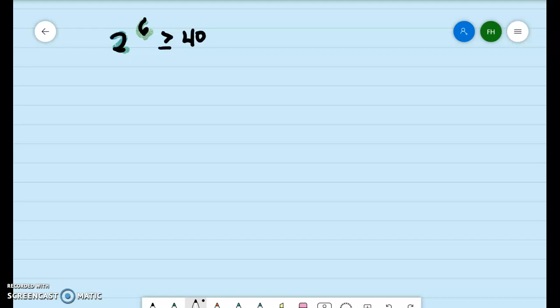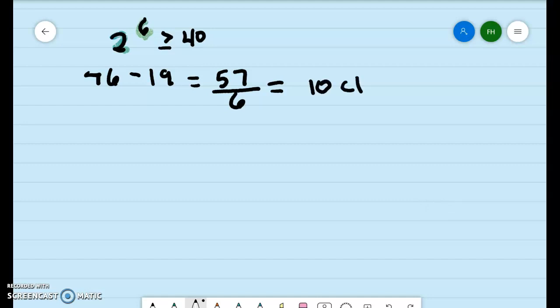So 6 classes, and then the largest number was 76 and the smallest was 19. So that would be 57 divided by 6, which would round up to 10 for the class width.